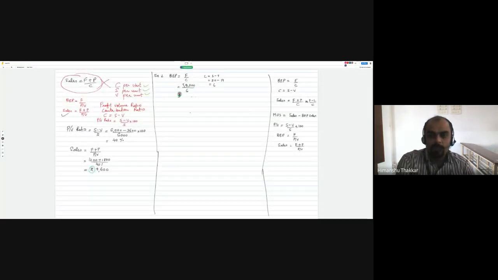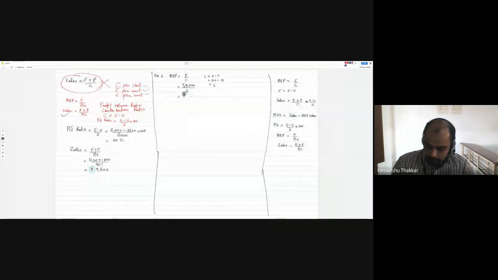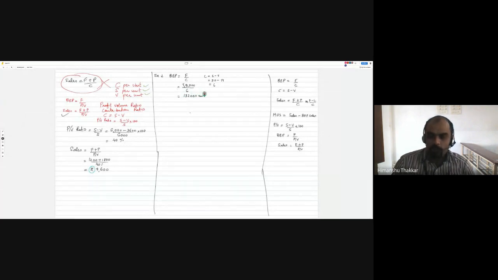What is the answer of BEP in units? One lakh 32,000 units. Make sure you don't forget to express the answer in whatever terms you get it. If it is rupees, write rupees. If it is in units, write in units.